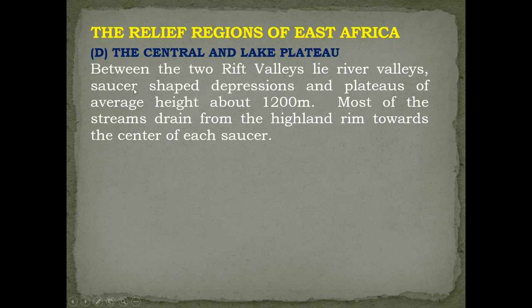So we say between the two rift valleys lie river valleys. There are so many rivers, and saucer-shaped depressions. River valleys, saucer-shaped depressions, and plateaus, which are of average height 1,200 meters.